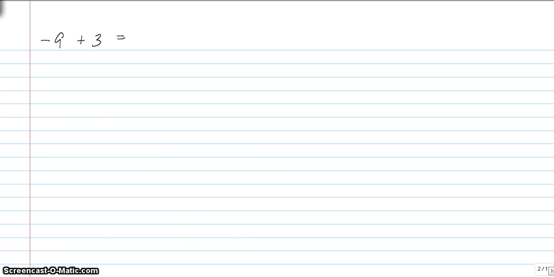So here we go. Negative 9 plus 3. We've got a larger negative number. The difference between the two is 6. 3 minus 20. Again, a number take away, or subtract, a number that is larger. That gives us a negative.